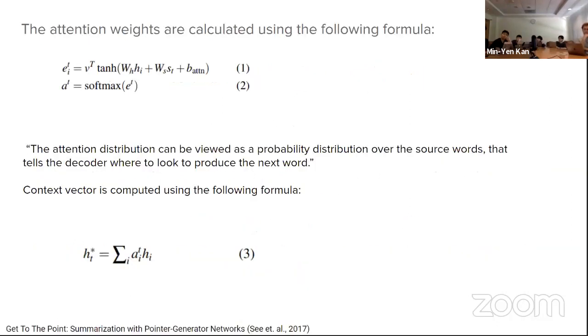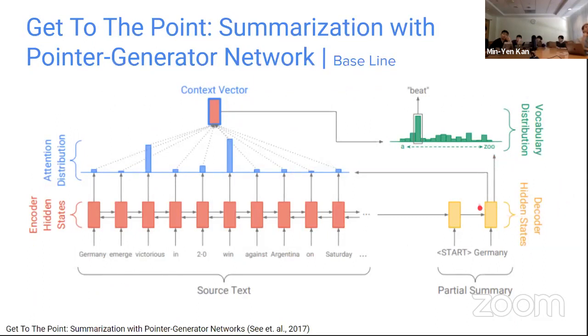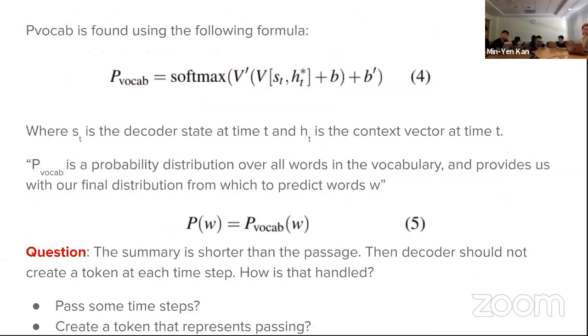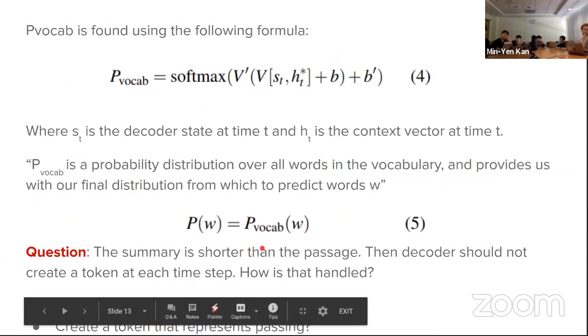Maybe for some time steps the decoder just doesn't create a word and decodes some particular token that means maybe pass or something like that. But they don't explain it, so it's just my take on the question.